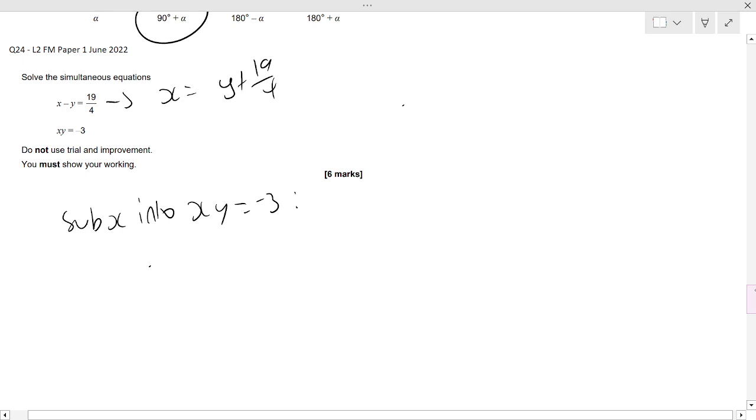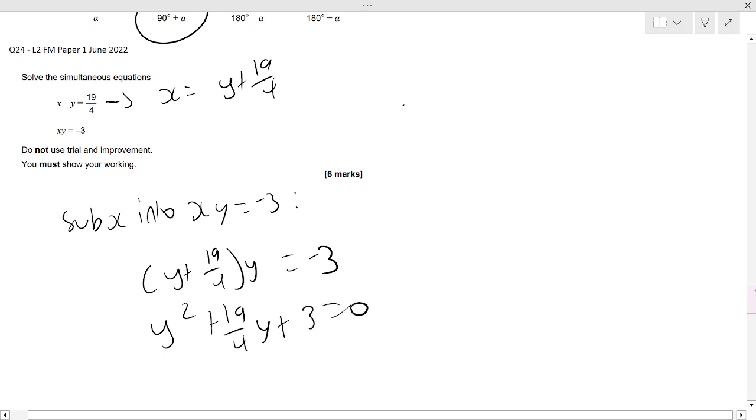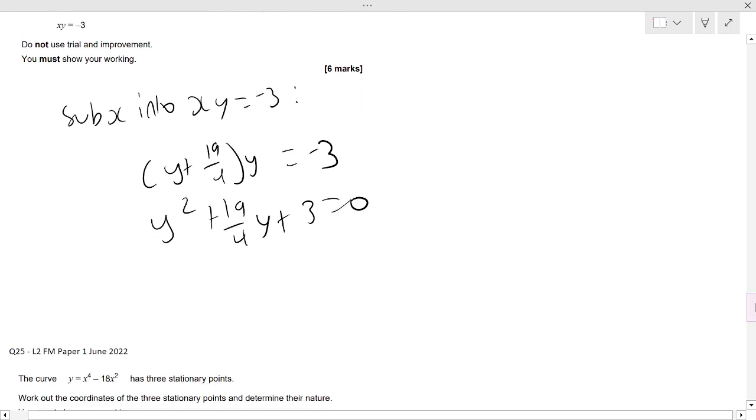Then I'm going to get y add 19 over 4 lots of y is going to be minus 3. Then I can expand it out to say y squared add 19 over 4 y, and then I'm going to add 3 to get a 0. This is the quadratic now. I don't know if it would factorize, but I think the best way with a fractional part like this is to just use the formula.